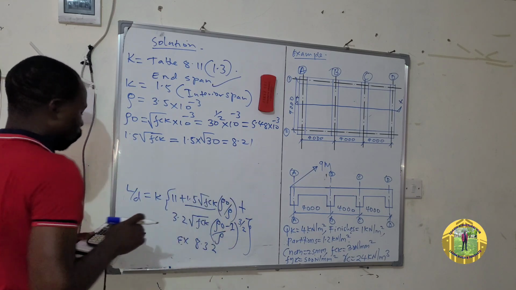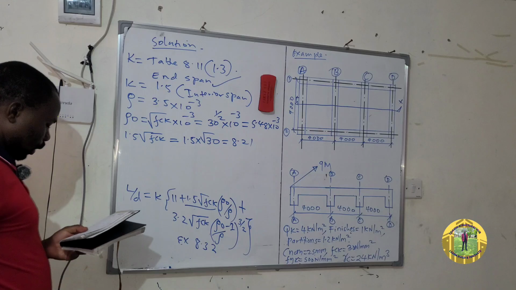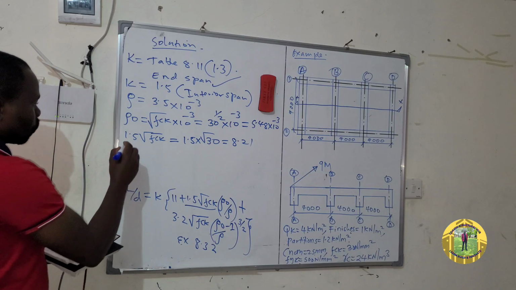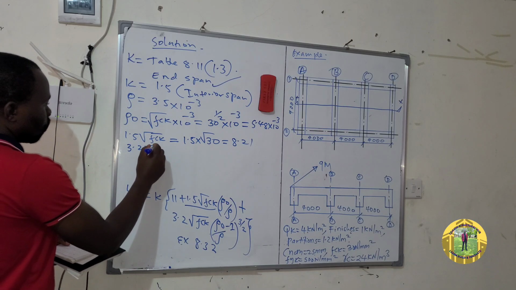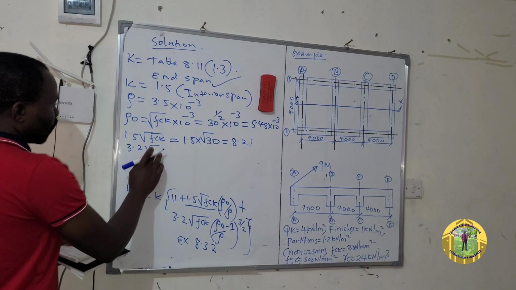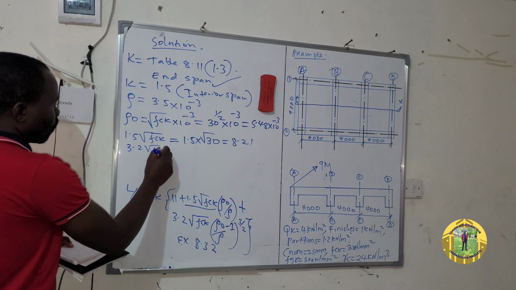And then we proceed to another term, which is 3.2 square root of FCK.